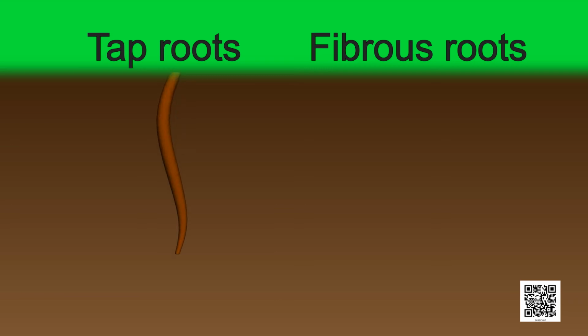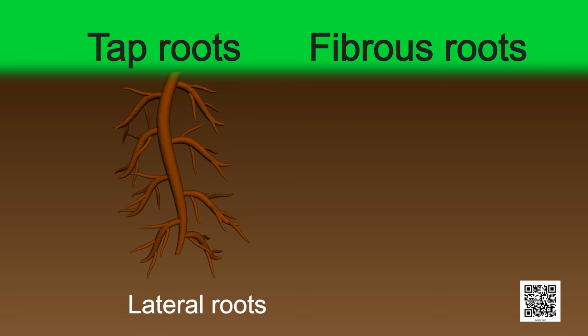Types of roots. Roots are of two types, taproot and fibrous root. Taproot is the type of root in which there is a main root called the taproot and the smaller roots are called lateral roots.